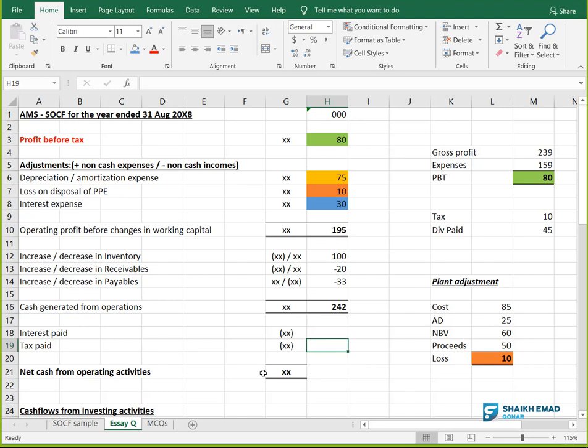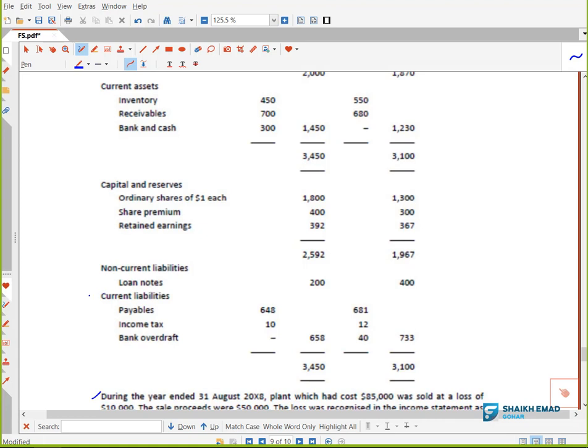The answer is you need to go to the current liability area to check: is there any interest payable? Is there any tax payable? So we went to our current liability area, this one, and we checked that there is no interest payable.